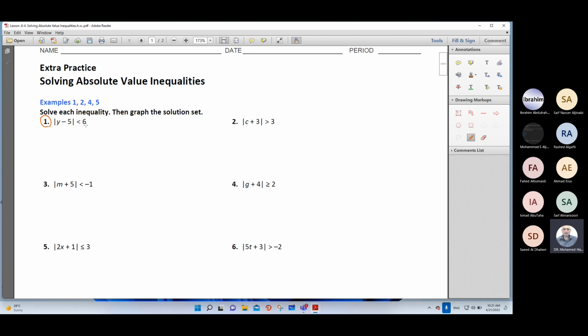Continue now, take the second case, multiply by negative. Negative times y will be negative y, negative times minus 5 will be positive 5, less than 6. Okay.